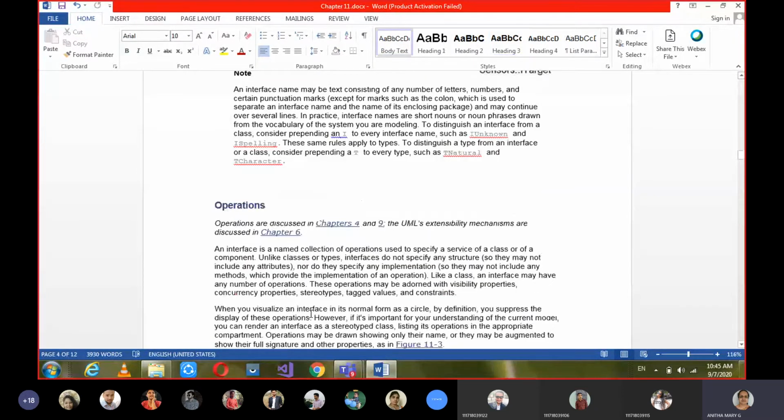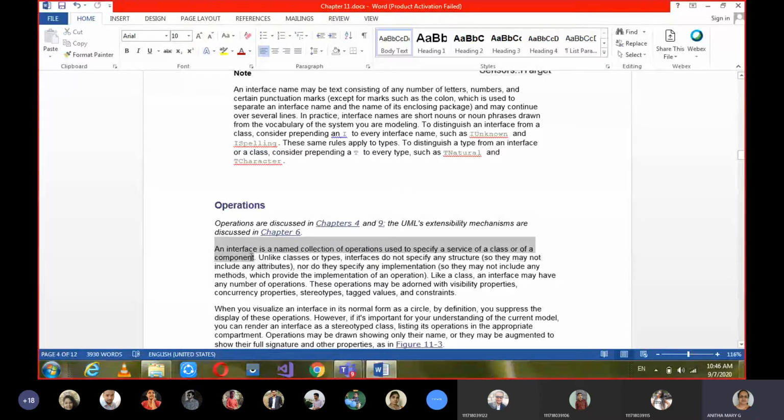The second common modeling technique under interfaces, types and roles, is operations. An interface is a collection of operations that specify a service. This point you can just underline. This whole chapter is about an interface and specifying the service only.